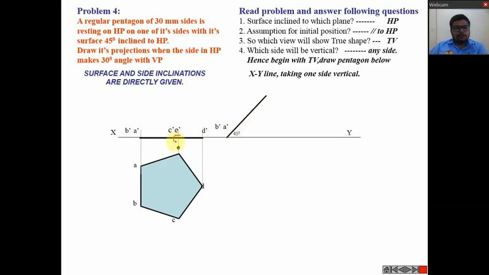Also mark this point here and the end point. Now take the projections in the downward direction from all the points. Take the projections from this top view in the right direction.